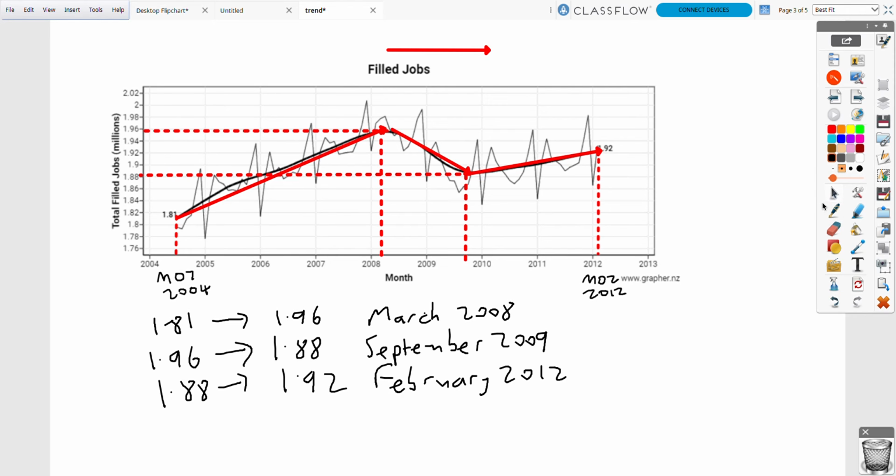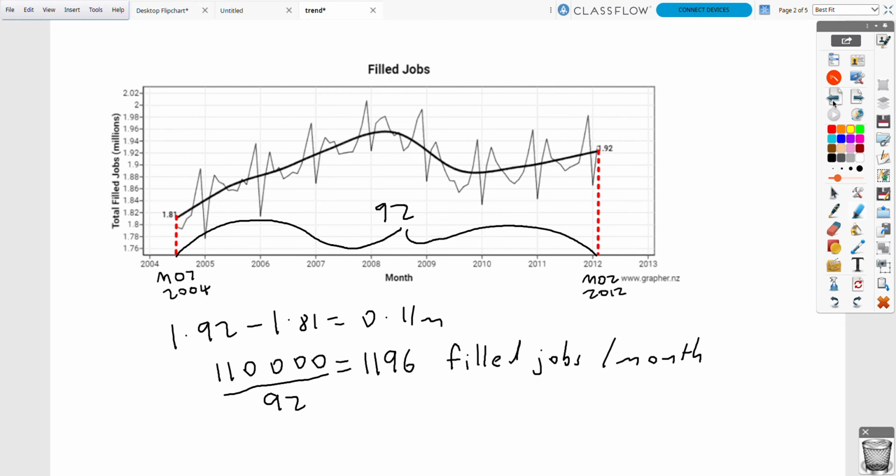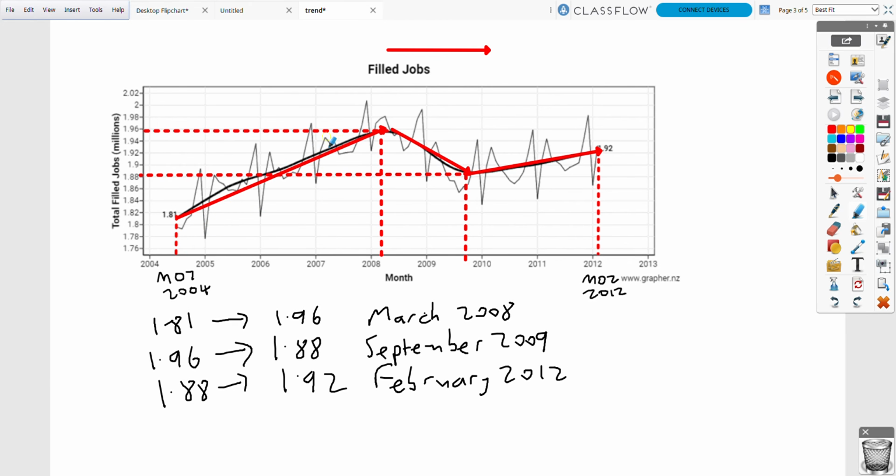And for those of us going for higher grades, we want to be Googling, searching up these dates and looking to find out what could have happened at these times to have caused these increases and decreases in my trend. And we want to also look at what we did there and work out the average change of the gradient of these trend lines for these sections.